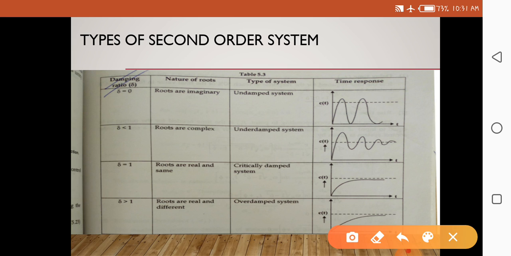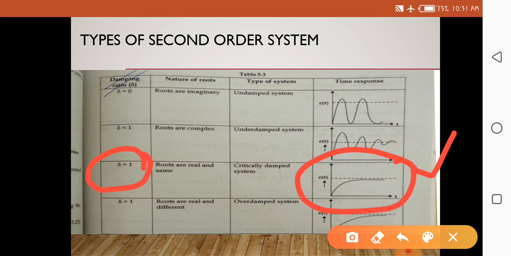For the critically damped system, delta is always equal to 1, so the roots are real and the same, and the time response is represented as this. For the overdamped system, delta is always greater than 1, so the roots are real and different. The time response for the overdamped system is this.